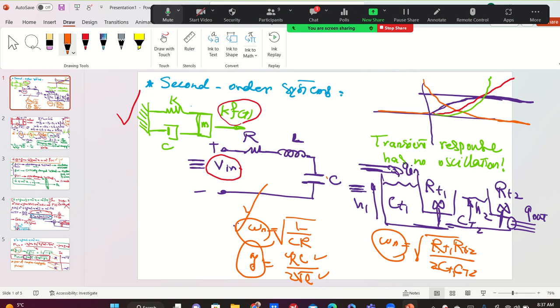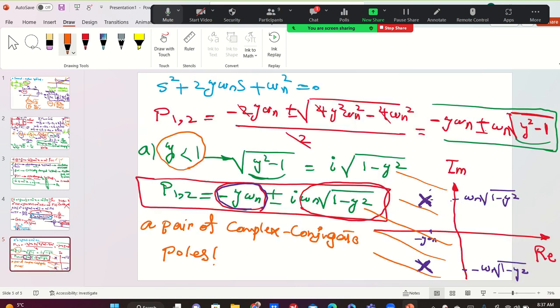So your RLC circuit, if it's underdamped, can have a pair of complex conjugate poles. A tank of water in series can have a pair of complex conjugate poles. That's why I'm sticking to zeta and omega n. I don't care what makes up that zeta and omega n.